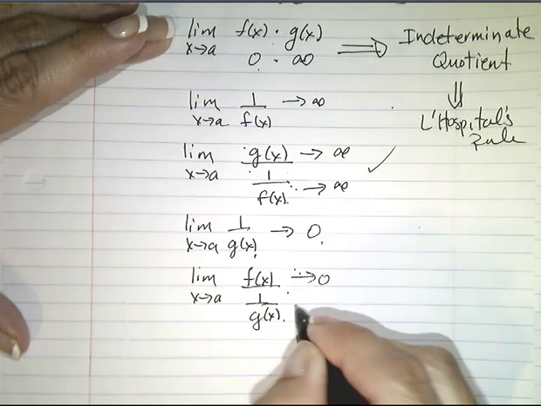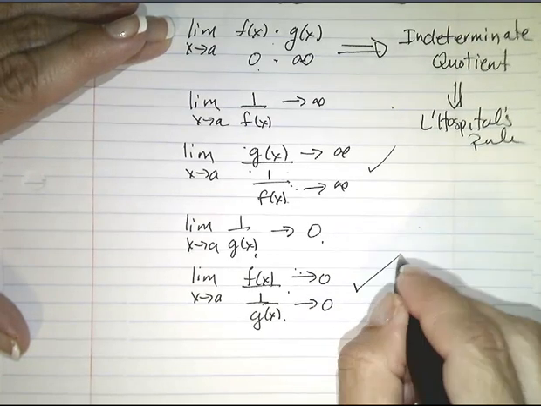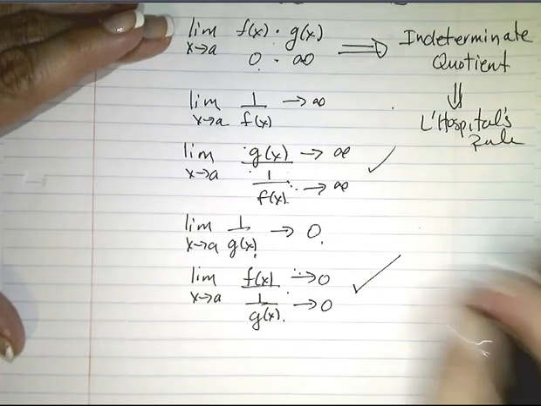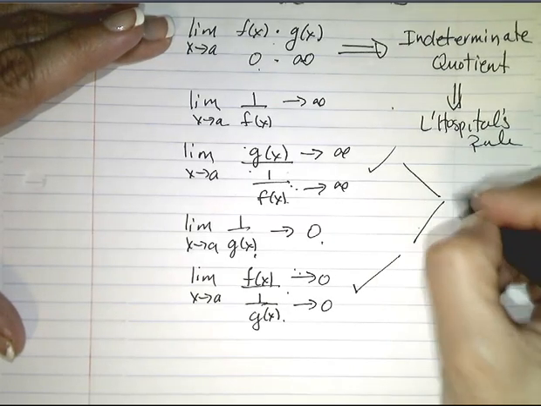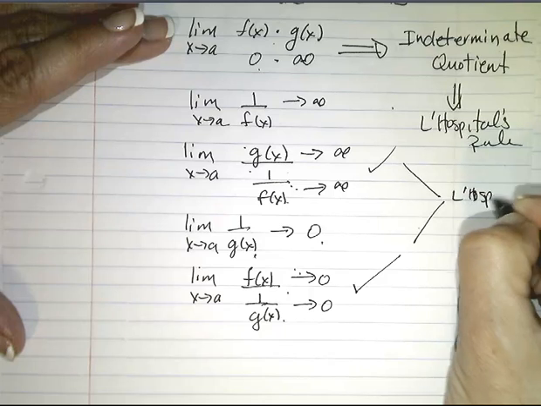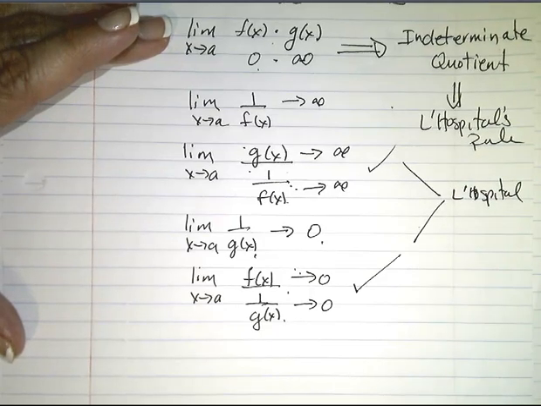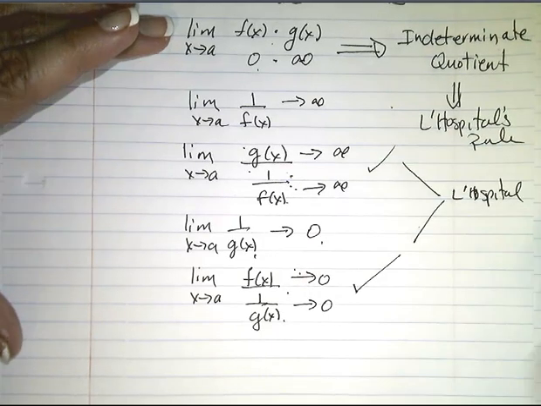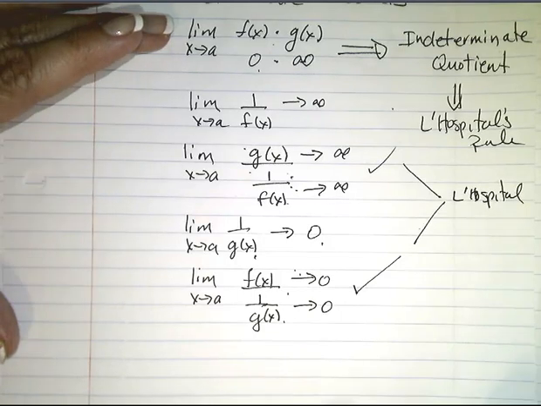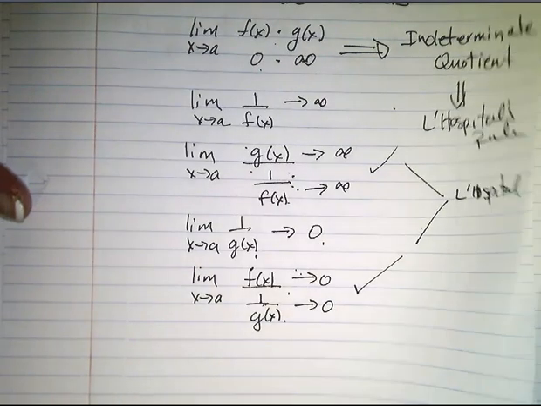Top goes to 0 and now the bottom goes to 0. And so we have an indeterminate quotient in this form. In both of those cases, we can apply L'Hopital's rule, but not beforehand. Now, which one we move to the bottom depends on the problem that we have, and you'll get a sense of it the more you practice.